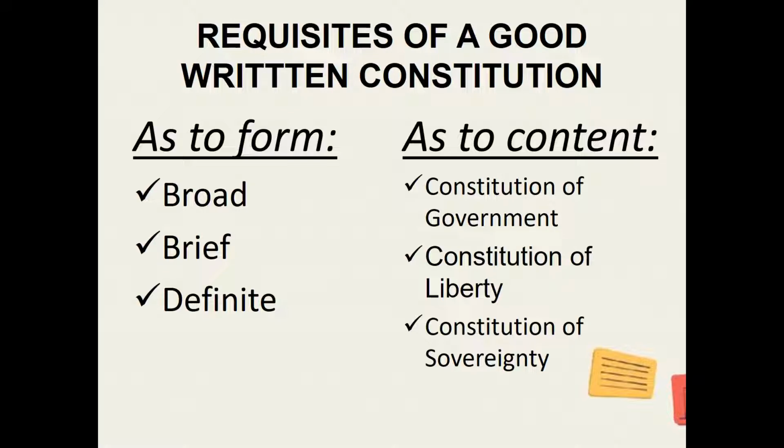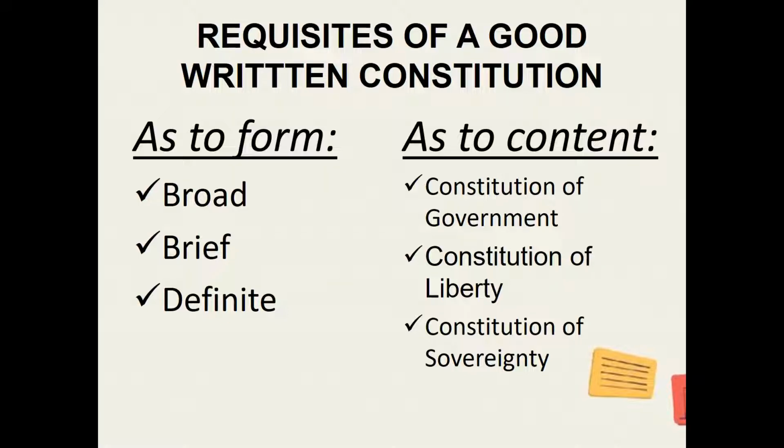So why is it that we are talking here about the written Constitution? Because prior to civilization, they used an unwritten constitution, di ba? Particularly in the old monarchical government. So what do we mean by unwritten constitution? There is no document as basis of their laws.